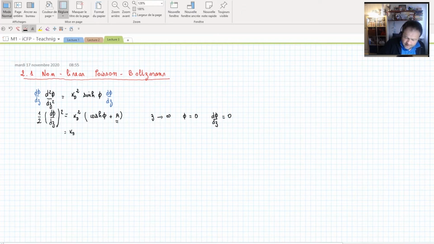So this is simply kappa d square times cosinus hyperbolic of phi minus 1, which is 2 kappa d square sinus hyperbolic square of phi over 2.